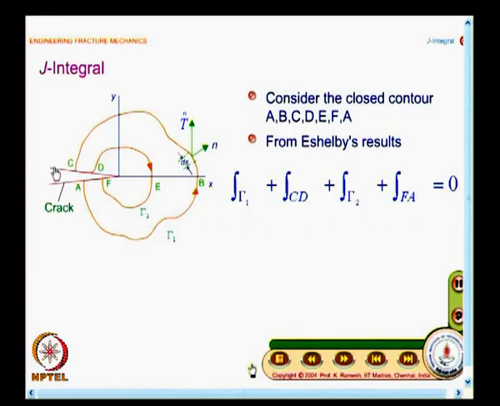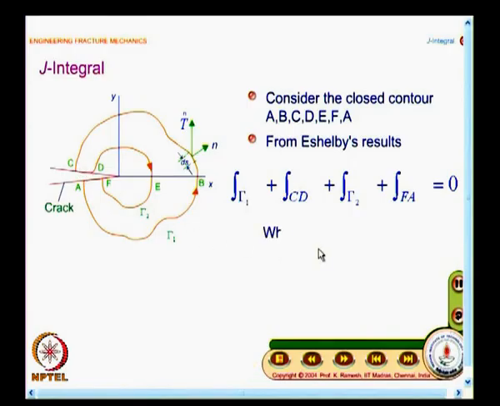For clarity, the crack is shown as a V type of shape. In reality, it is almost like a line. So, that means the dy term will be 0. And another aspect is this is a free surface. On a free surface, traction is 0.